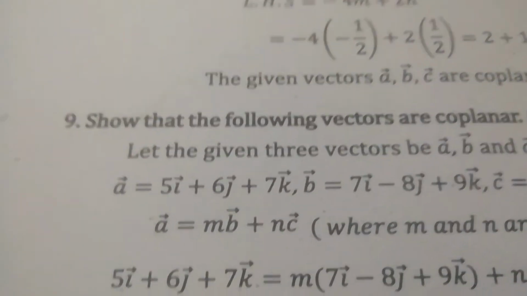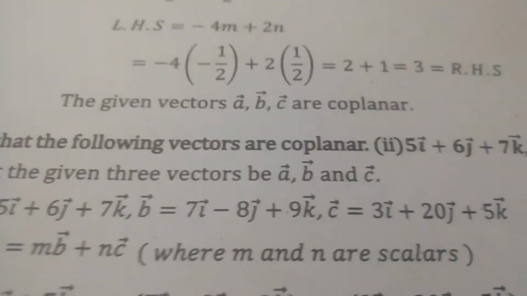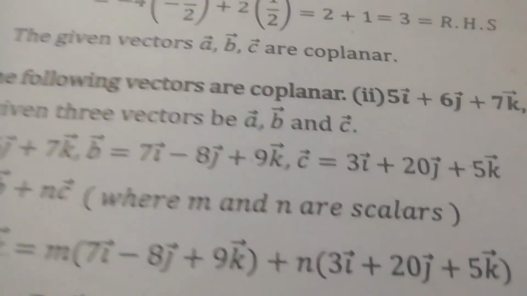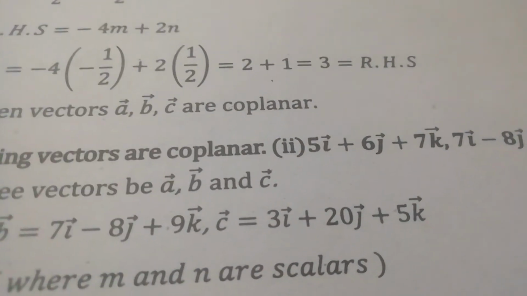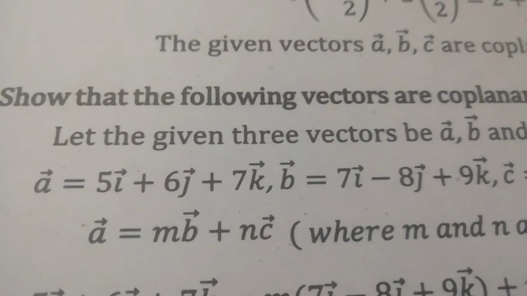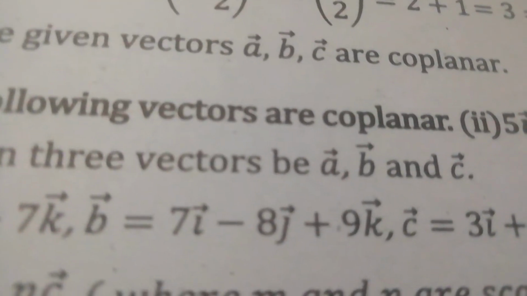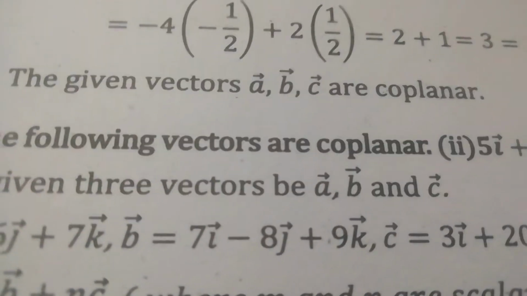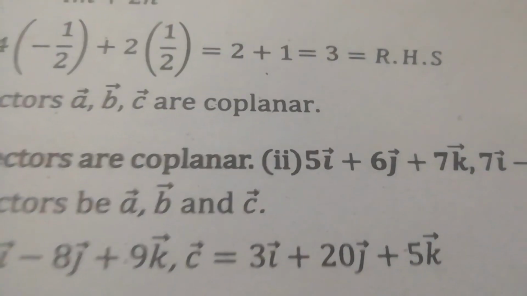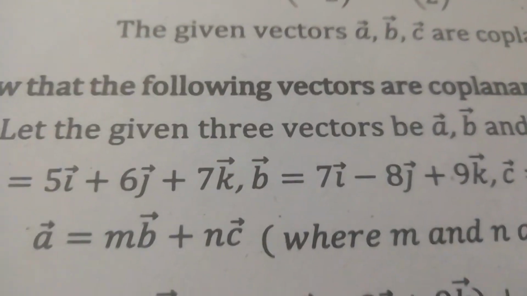So the next problem also: show that the following vectors are coplanar. The second problem, the given three vectors. The first vector is A, the second vector is B, the third vector is C. What's the condition for coplanar?